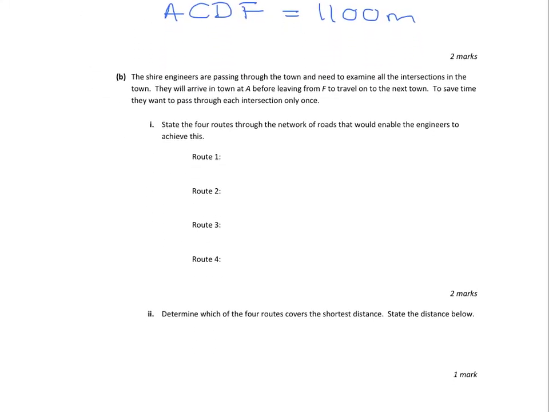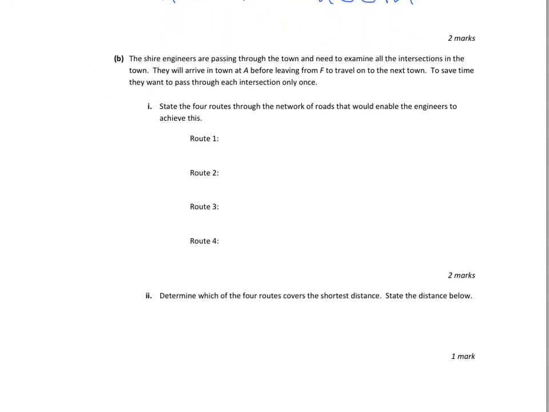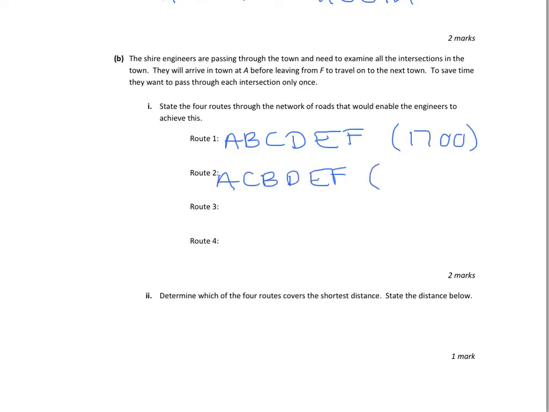So our answer for the 4 possible routes were just the 4 that we gave, which were A, B, C, D, E, F, and remember that gave us a total of 1,700 metres. A, C, B, D, E, F, and that gave us 1,650. A, C, B, E, D, F, that gave us 2,200.